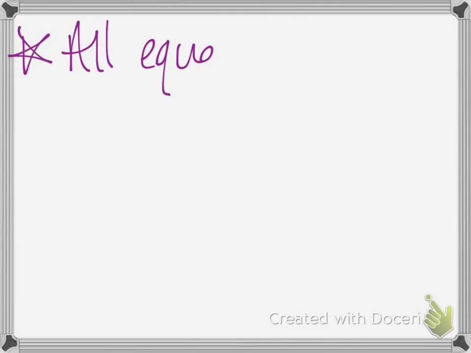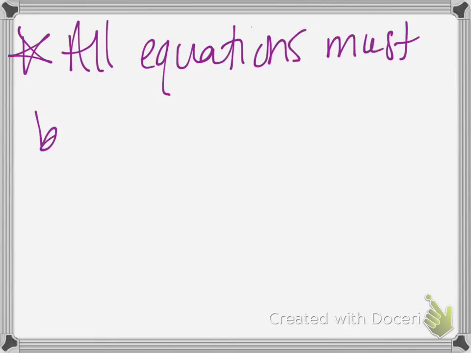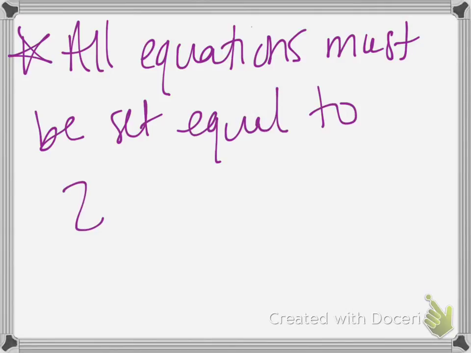Okay? The big thing is all equations must be set equal to 0. The reason why is when we solve quadratic equations, we're actually finding the x-intercepts of your parabola graph.